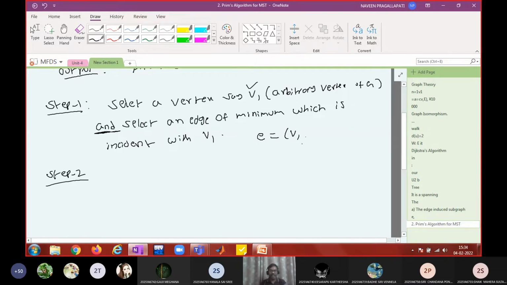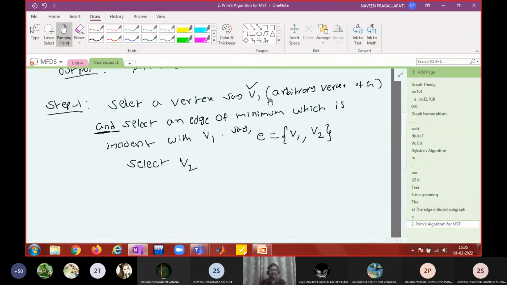The other end is, let us say, V2. Now select V2 also. So let us say E equal to V1 V2. Or if I say it is an undirected graph, you may say like this. Then select V2 also.